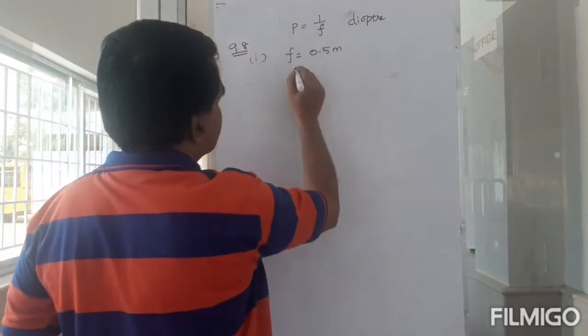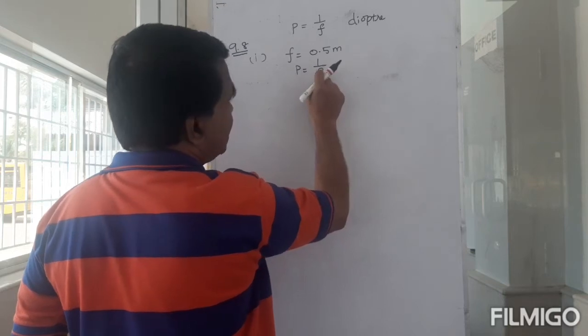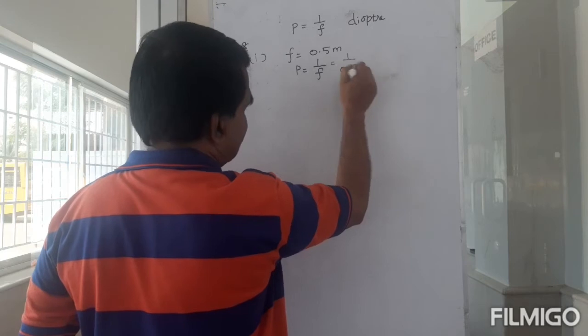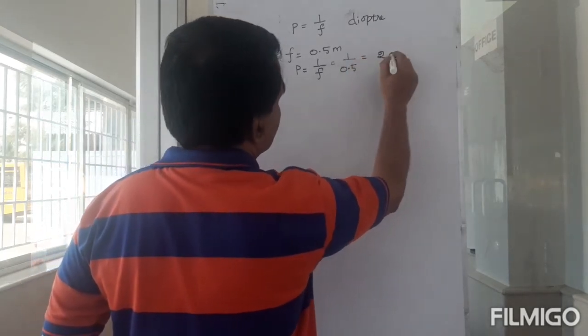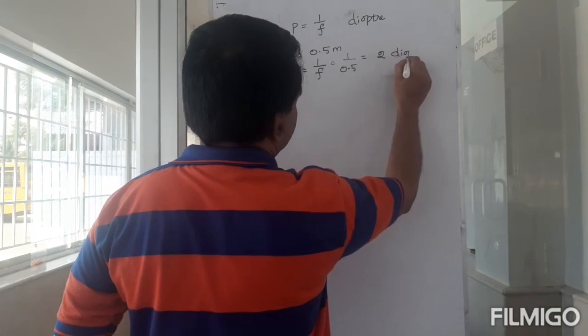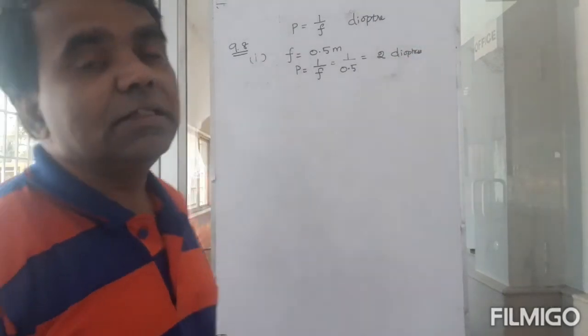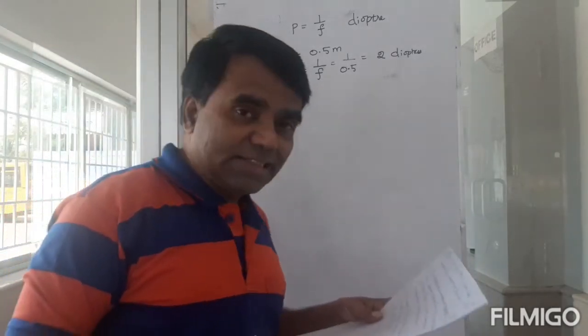So what's power from this expression? P is equal to 1 by f, and f must be in meters. So 1 by 0.5 meters gives you 2 diopters. So this is the power of that lens.